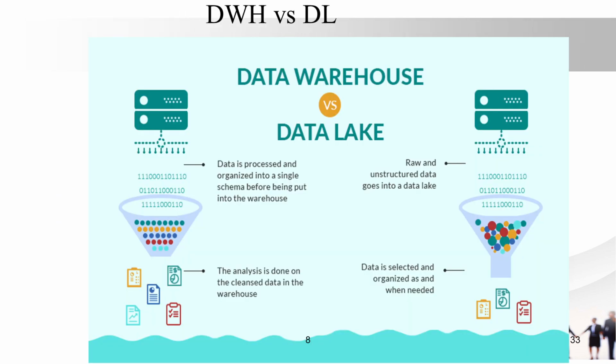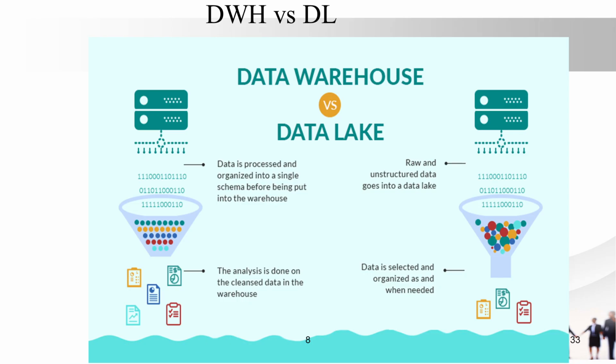Now we'll see some more terms associated with data. It could be either a data warehouse or a data lake. In a data warehouse, the data is processed and organized before being put into the warehouse.